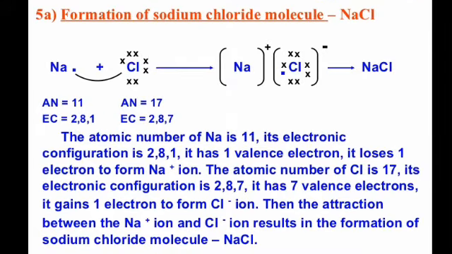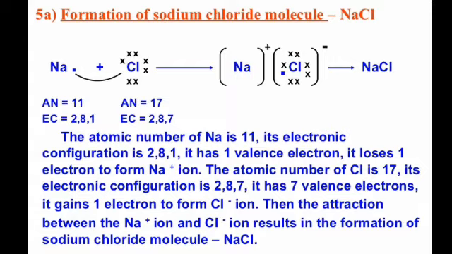Here we have the formation of the sodium chloride molecule. It provides a great example of how metals react with non-metals. So here we have sodium and chlorine. We take atomic sodium having atomic number 11, that is, 11 electrons, and its electronic configuration is 2, 8, 1, having one electron in its valence shell, while the chlorine atom has 17 electrons, that is, 2, 8, 7, having 7 electrons in its valence shell.